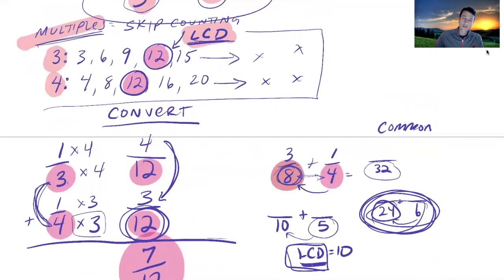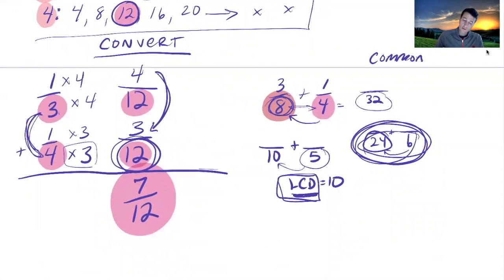One of the shortcuts I showed you was, hey, you could just multiply the two denominators together. But once again, if you get to something like 24 and 6, that's going to be some bigger math. You're making a little bit more work for yourself. And the last shortcut to remind you of is if either of the denominators can divide evenly, with no remainder, into the other denominator, then you have your LCD right off the rip.